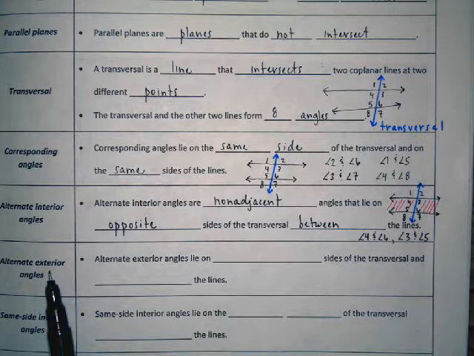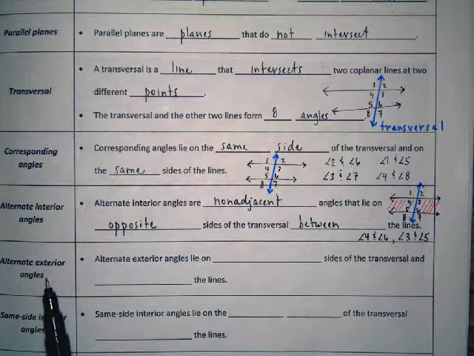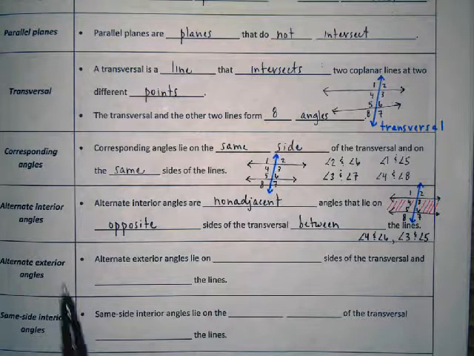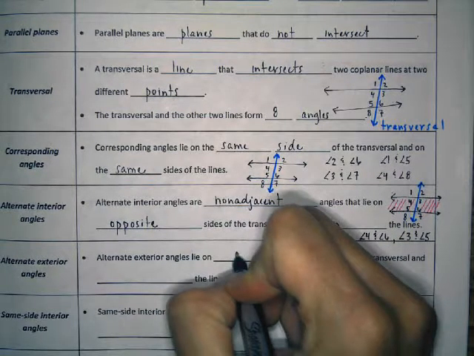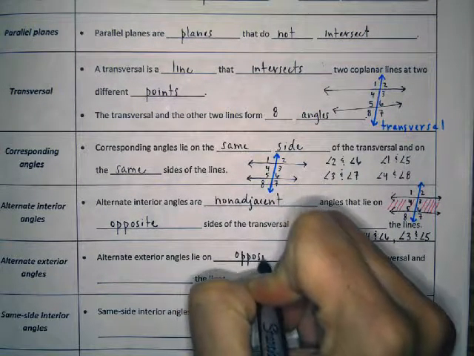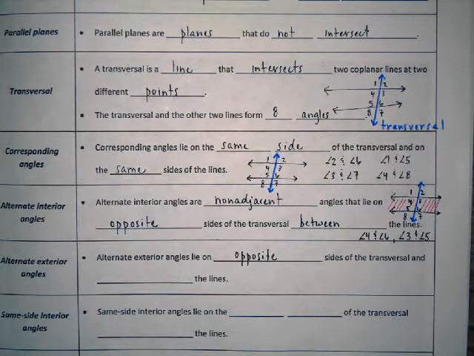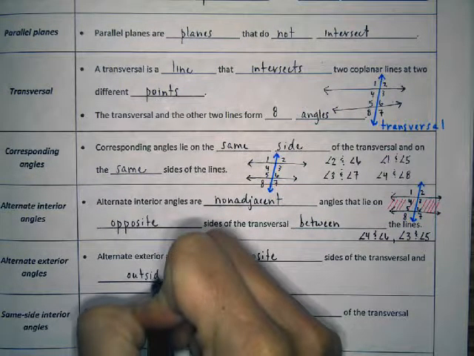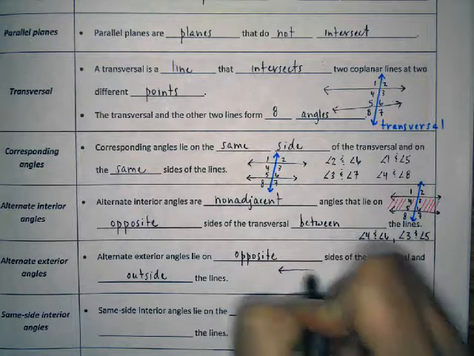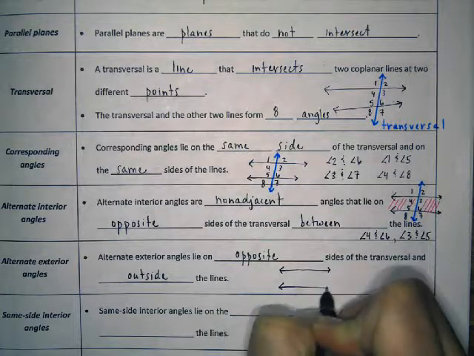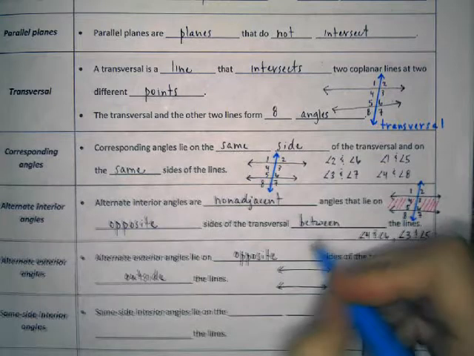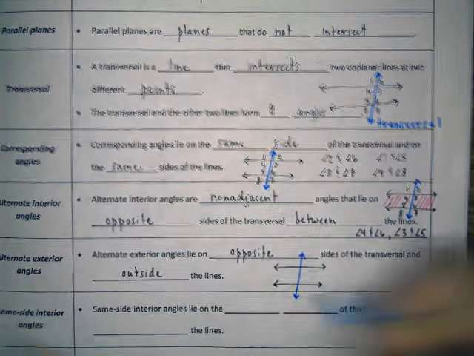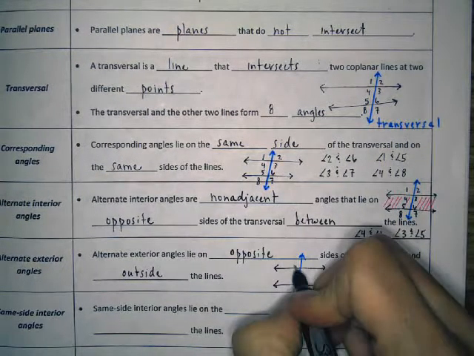Okay, next we have our alternate exterior angles. These are angles that lie on opposite sides of the transversal, but now they are outside the lines. So here's my setup again. The transversal is in blue.